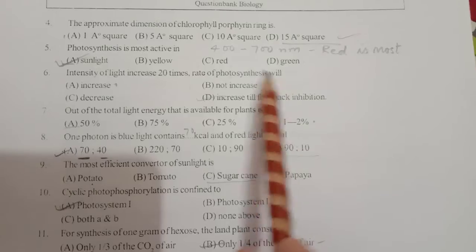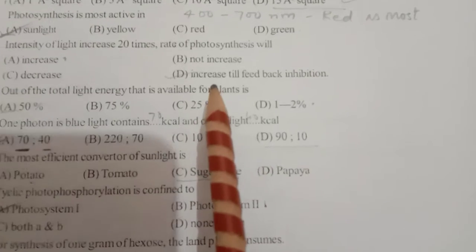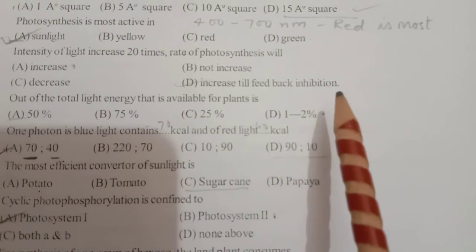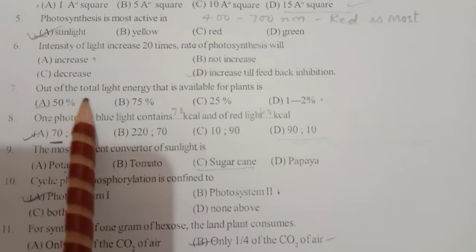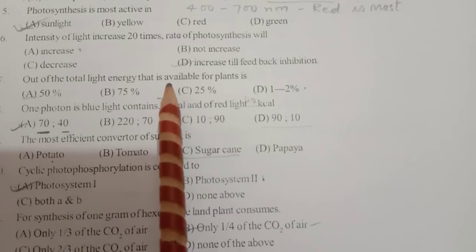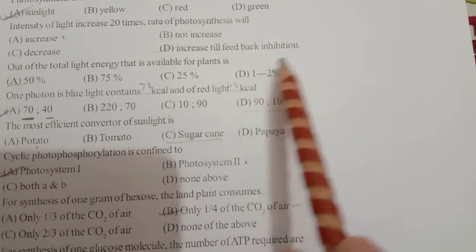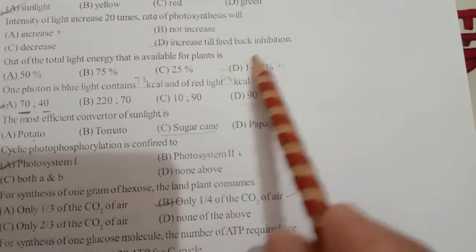As we know, photosynthesis is directly proportional to light, but it increases only till feedback inhibition. Now we come to question 7. Out of the total light energy that is available for a plant, the right answer is 1 to 2%.